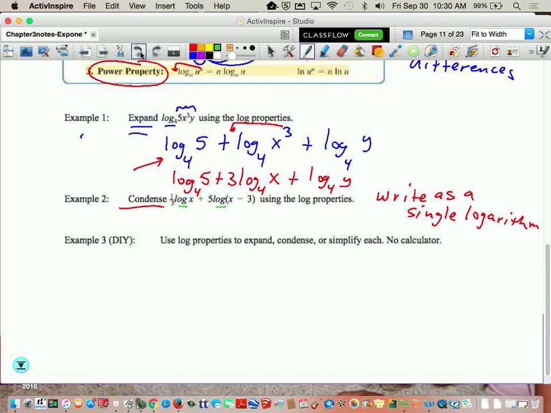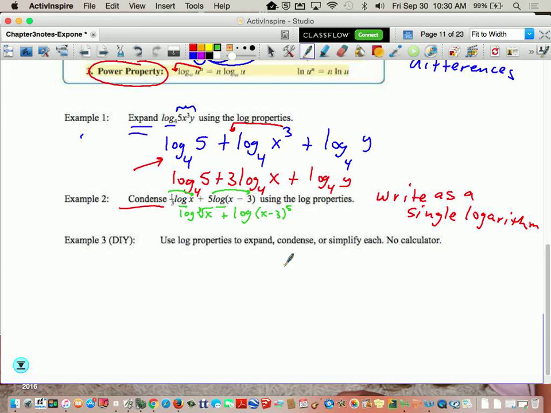Oops, a little too far. 1/3 back on top of that x. And raising something to the 1/3 power is really a cube root. So this is really the cube root of x now. And then when I put the 5 back up on that parentheses, I have plus log of x minus 3 to the 5th power.